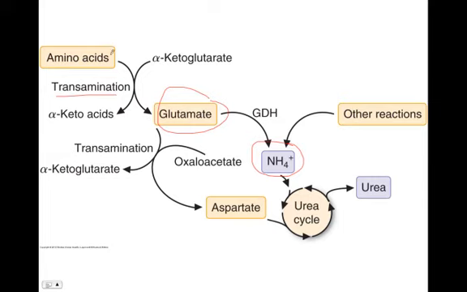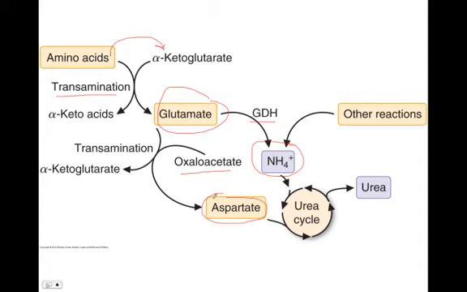Again, we're just transferring the amino group from the alpha carbon of the amino acid to alpha ketoglutarate to generate glutamate. Glutamate can then be directly deaminated using glutamate dehydrogenase to generate free ammonium, or it can undergo an additional transamination reaction with oxaloacetate to yield aspartate.